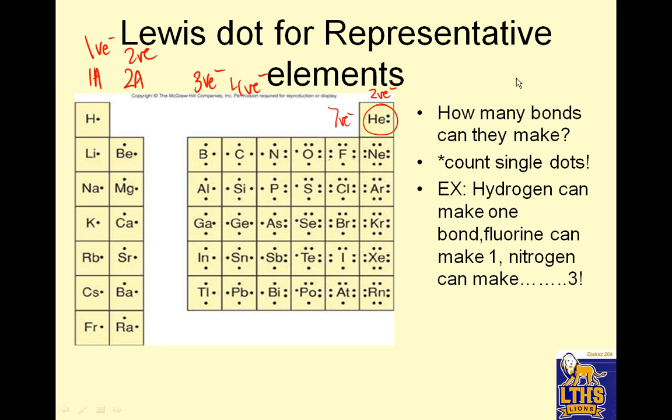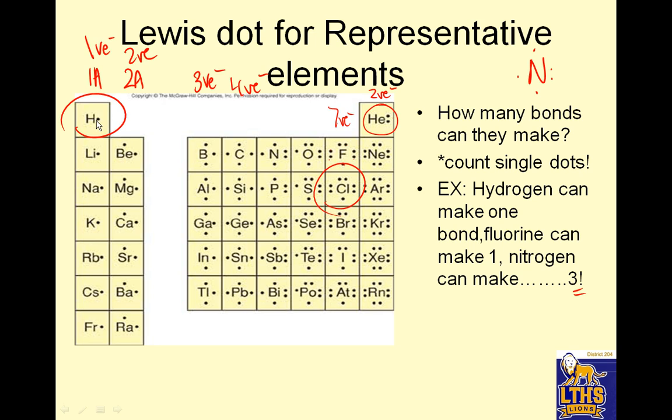So what can you learn from these? Well, we did nitrogen on the other slide, and here we can tell how many bonds these atoms are likely to make. So we look at it, we count the single dots, 1, 2, 3. Nitrogen has 3 single dots, so it can make 3 bonds usually. All right, let's go find chlorine. Chlorine has 1 single dot, so how many bonds will chlorine make? 1 bond.